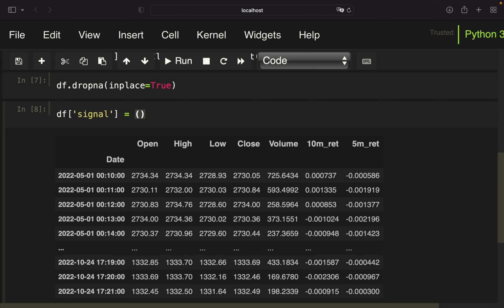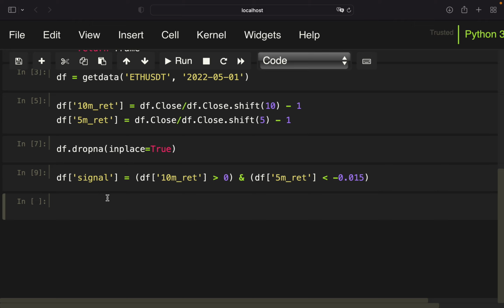So I can define where my 10-minute return is above 0, and also my 5-minute return is smaller than minus 1.5%. That's already it for the signal.